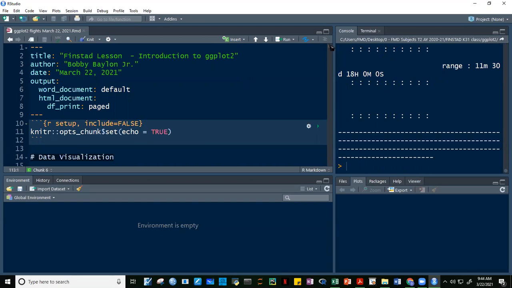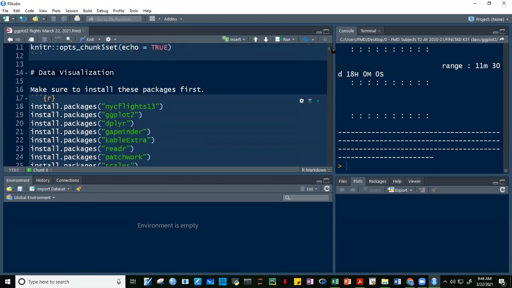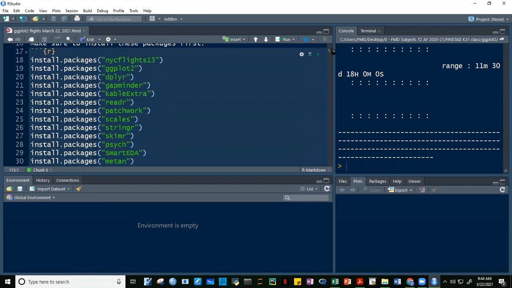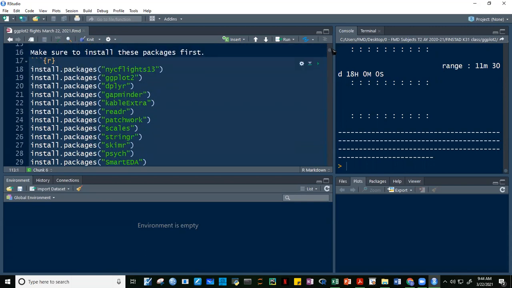All right. So let's go to the R markdown which I shared with you. Okay, and then I asked you to download or install the packages that we're going to use in the next few weeks. Okay, NYC flights, ggplot2, of course, dplyr.